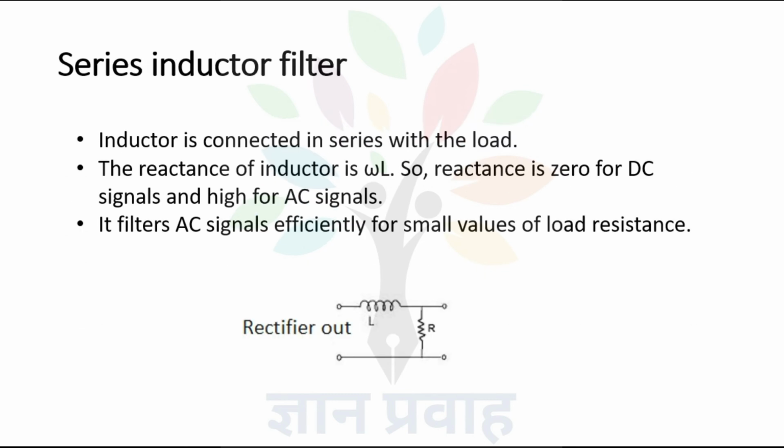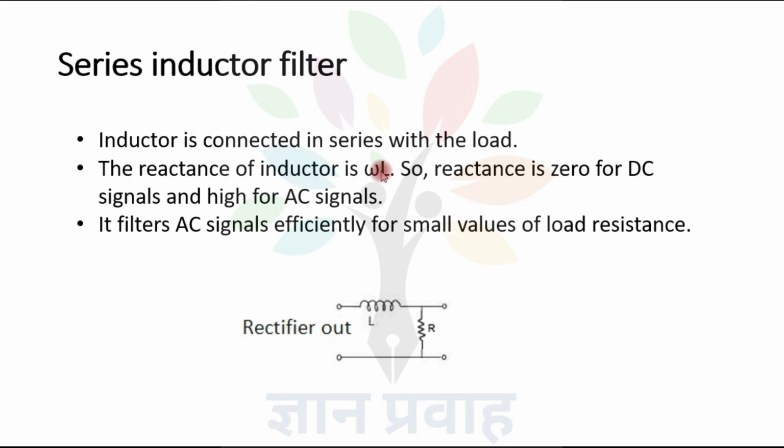In the series inductor filter circuit, we use an inductor in series with the load like this. One inductor is connected in series with the load resistance. And here we are using the property of the inductor. The reactance of an inductor is always omega L. Omega is 2 pi f.